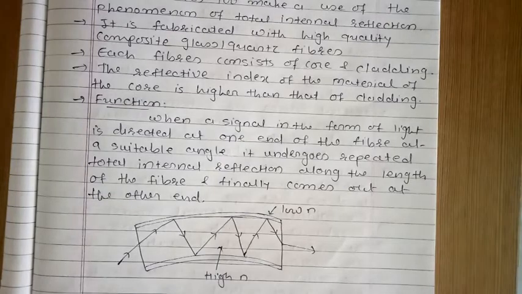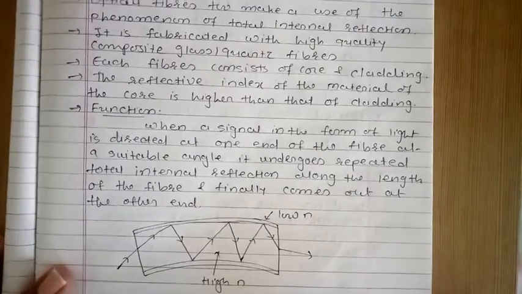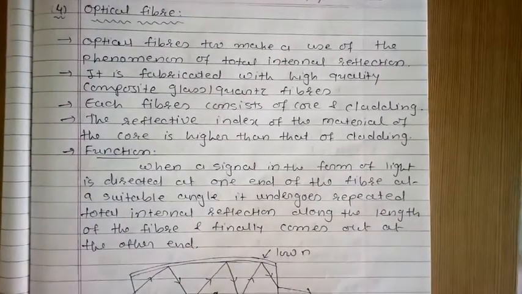So with silica glass fiber, we can transmit more than 95% of the light over the length of 1 kilometer, right? So here I have written all the things. Once again I read it.